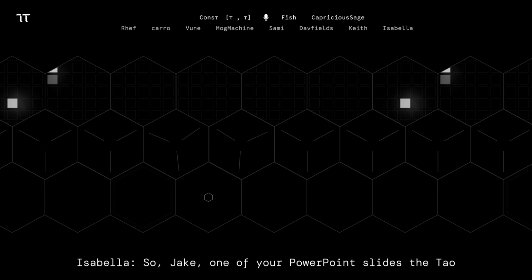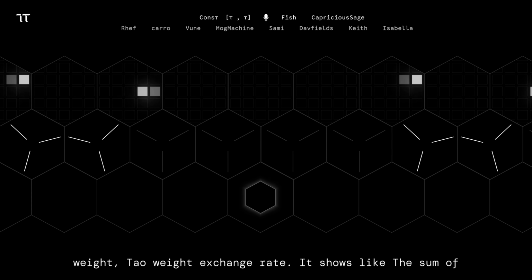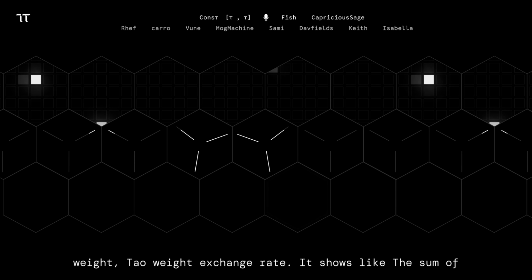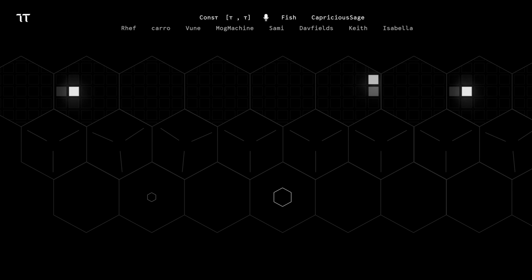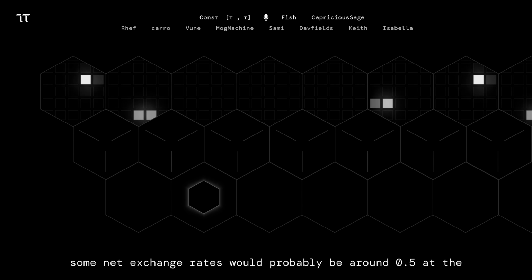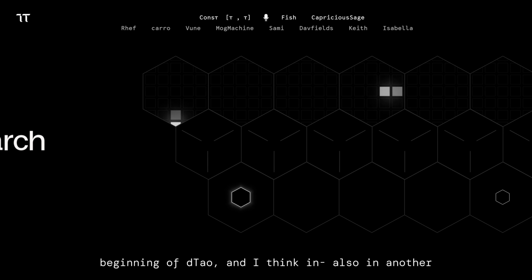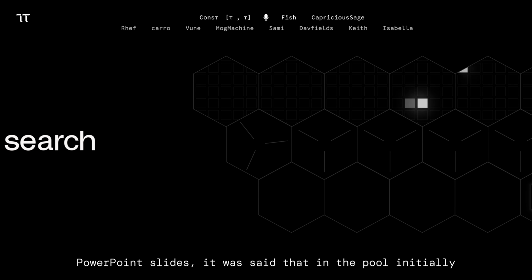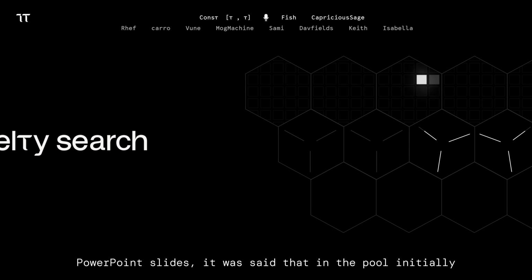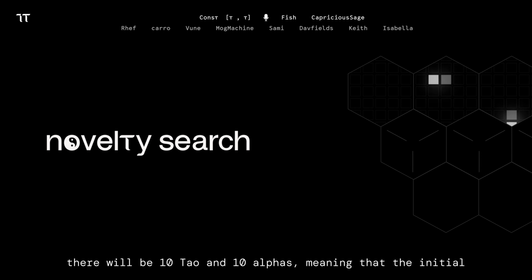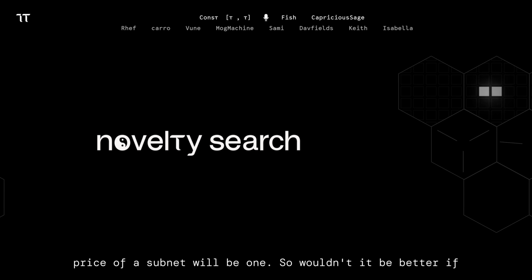So Jake, in one of your PowerPoint slides, the tau weight exchange rate, it shows the sum of subnet exchange rates would probably be around 0.5 at the beginning of dTAO. And I think also in another PowerPoint slide, it was said that in the pool initially, there will be 10 tau and 10 alphas, meaning that the initial price of a subnet will be 1.